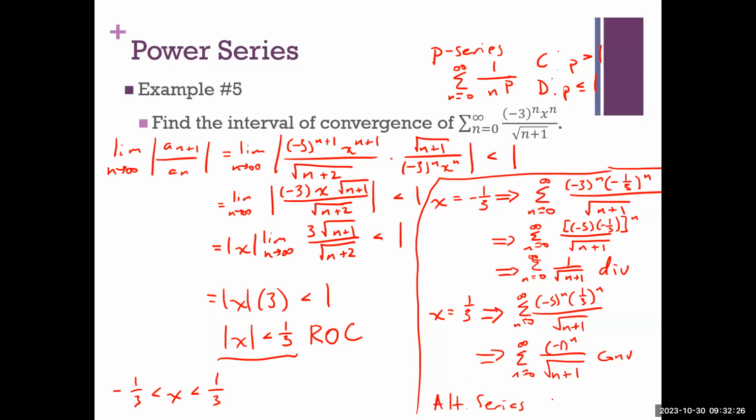So let's remind ourselves, how does that test work? So this alternates, right? What does the non-alternating part look like? It looks like the series above it, that 1 over radical n plus 1. What has to be true about the non-alternating part of the series to use that test? The next term has to be less than or equal to the previous term. Right, so it has to decrease as you go from term to term.